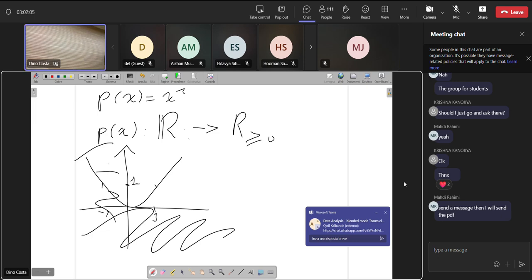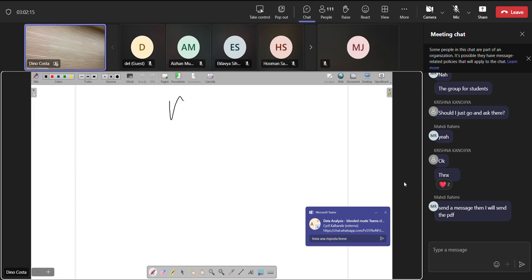And so what is the function that we consider? The inverse of x squared is the square root of x. So the square root of x is a compromise. It is not exactly the inverse of x squared, but it's a compromise.